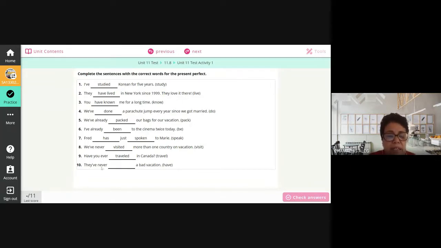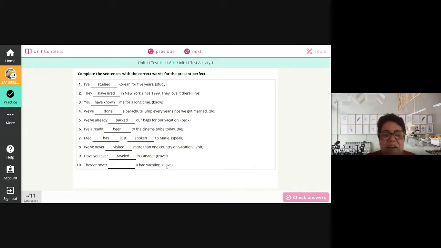And finally, they've never a bad vacation. So here we have the auxiliary. It's here. They've is the same as they have. So it's already here, okay? I just need to put the main verb in the past participle.